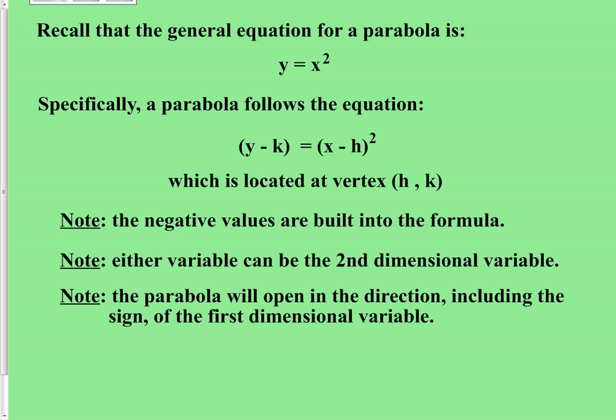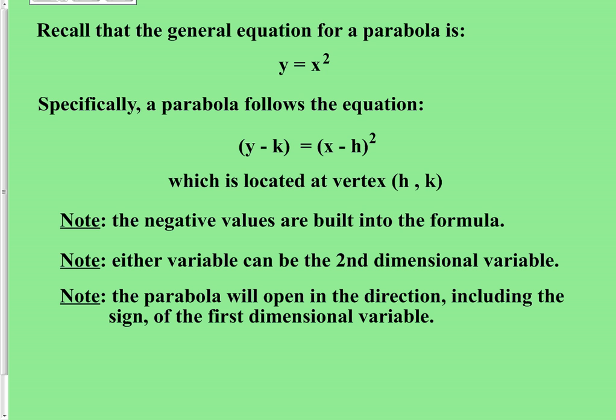And a little bit of information we've touched on earlier this year, so this is somewhat review: the parabola will open in the direction, including the sign, of the first dimensional variable. That's an important piece of information as far as understanding the equation of the parabola and deciding what to expect from its graph.